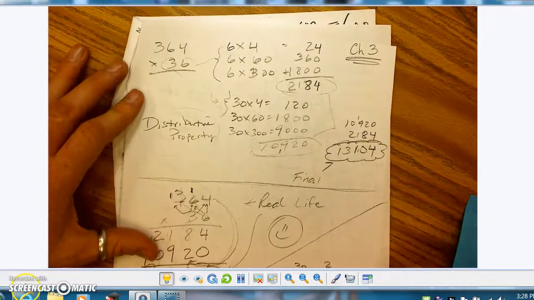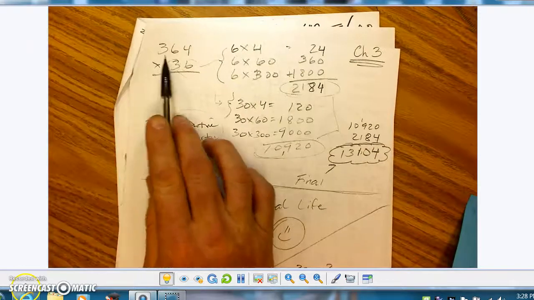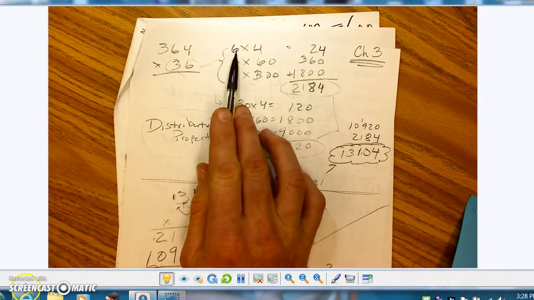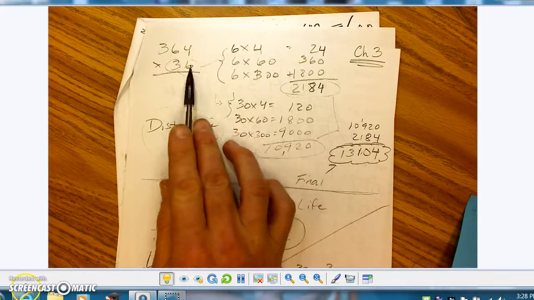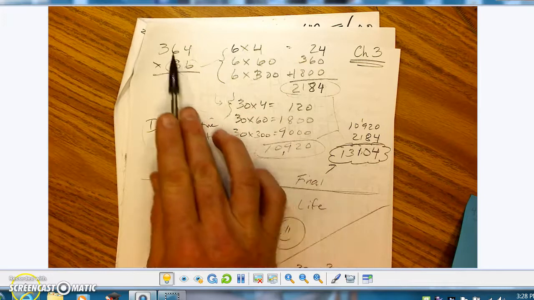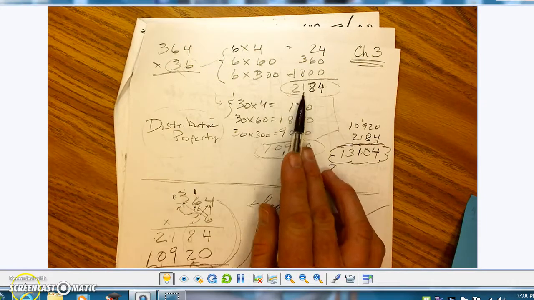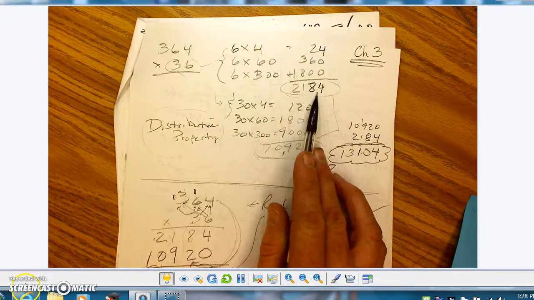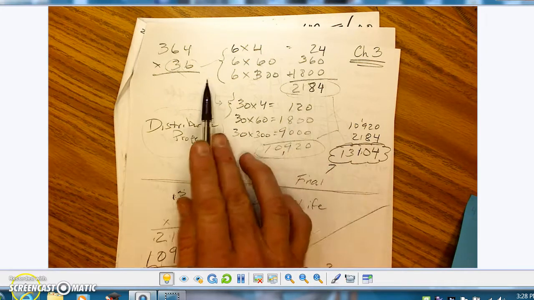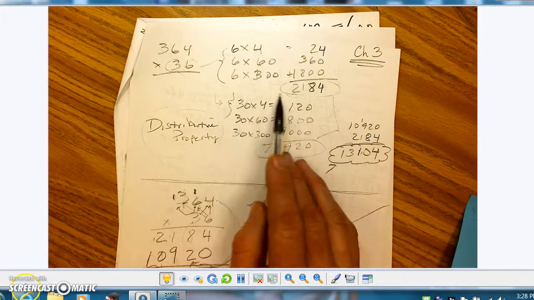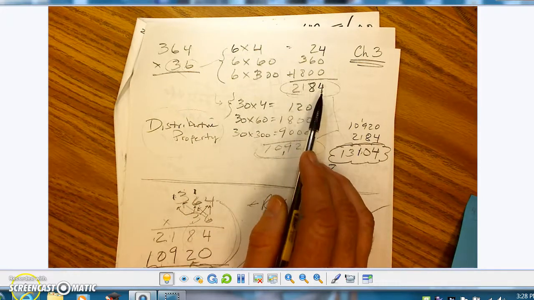Next. Double-digit multiplication. So we got 364 times 36. This 6 is a 1's place, so it's going to be 6 times 4, 6 times 60, 6 times 300, which ends up being 2184 for my 1's place. So basically 364 times 6 is 2184.